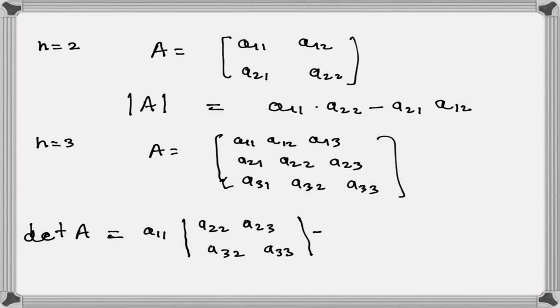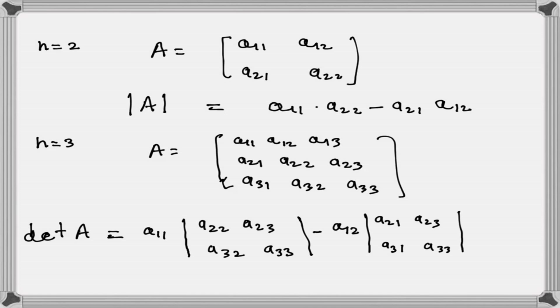Then minus A12, the second one, and we delete the first row and the second column, and whatever submatrix we get we write here: A21, A23, A31 and A33.